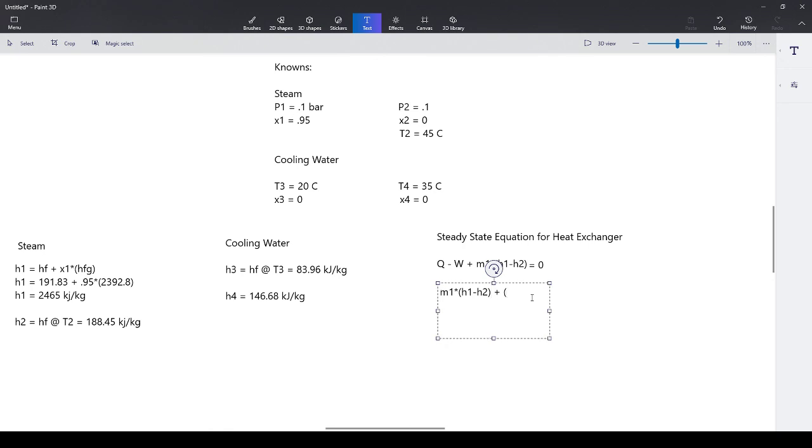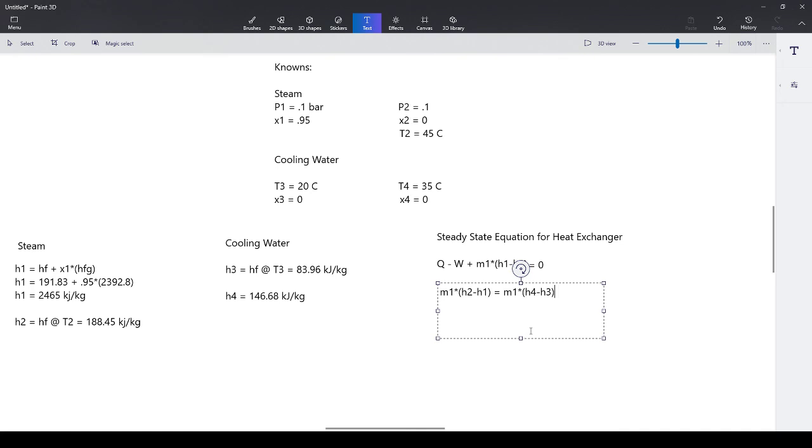So this should be H2 minus H1 is equal to M1 times, let me see, H3, nope, it should be H4 minus H3. I am fairly certain. So H4 will be a positive, and this will be a negative.